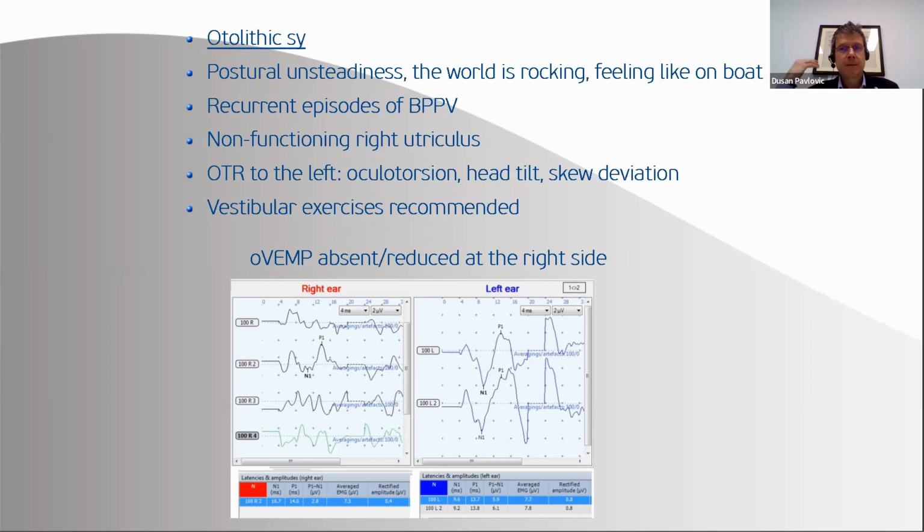That means with right-sided utriculitis, ocular tilt reaction to the right side. But this is chronic, not acute. This is a chronic dysfunction of the right utriculus. So probably because of this dysfunctional graviceptive sensor, he has some kind of slight compensation to the better working side, the left side.